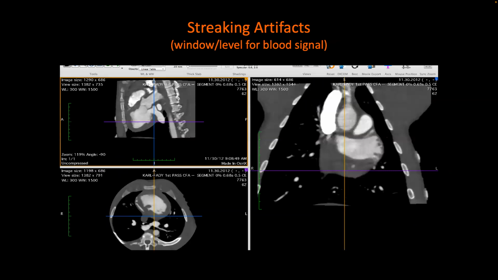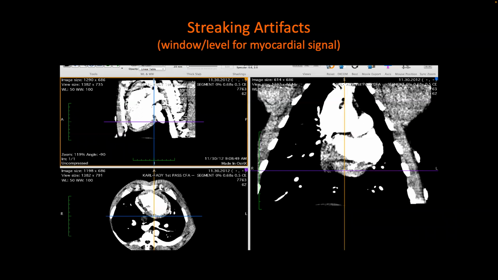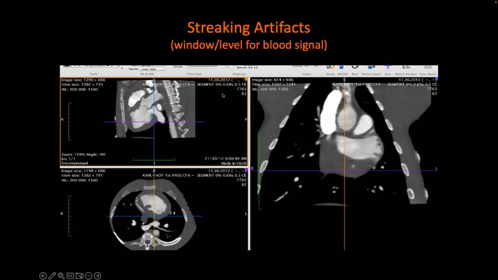I'm going to skip ahead. One thing is, when you look at a CT scan that has contrast on board, the signal in the blood is really high. And so you're desensitized to any variation in the signal in the myocardium. The signal in the myocardium is what we want to measure perfusion, right?